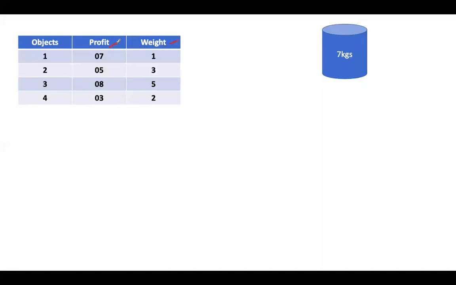Since it is a simple task, simple 4 objects, by looking at the table itself, you can tell which one we can pick. But in general, if there are more objects, whether you will see the profit column or weight column, or can you follow any other better approach for this problem? And that should be applicable for both small and large numbers of objects.